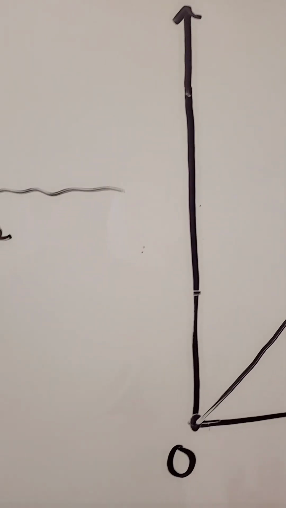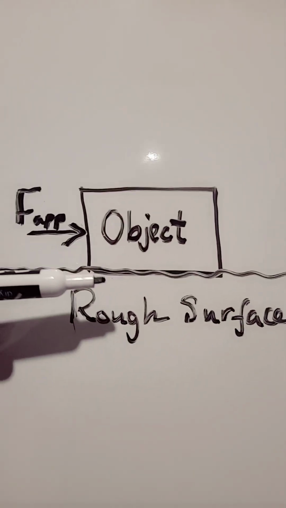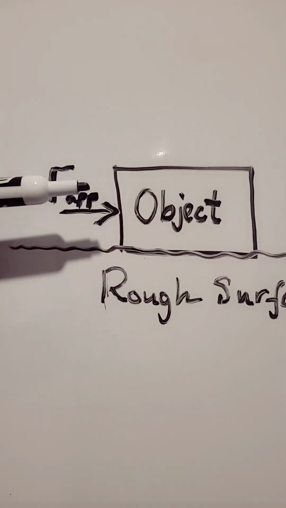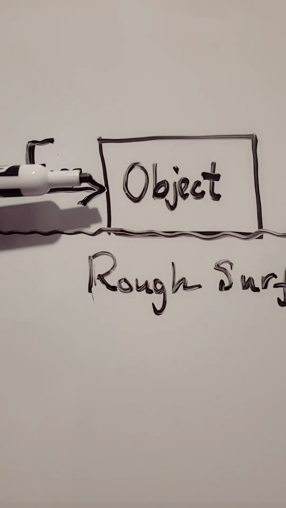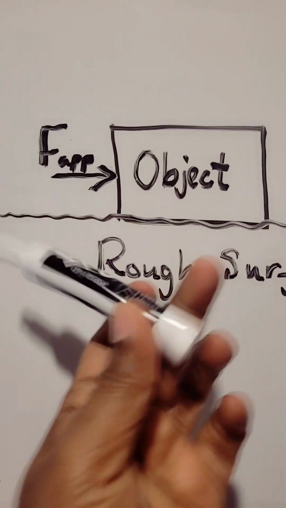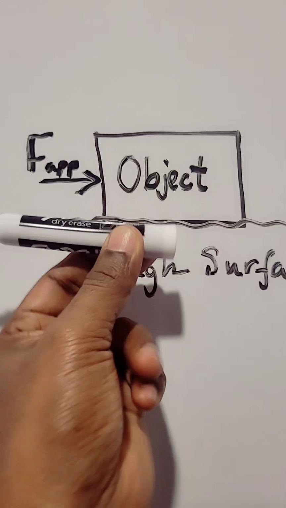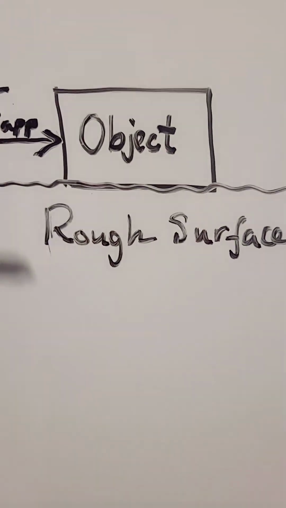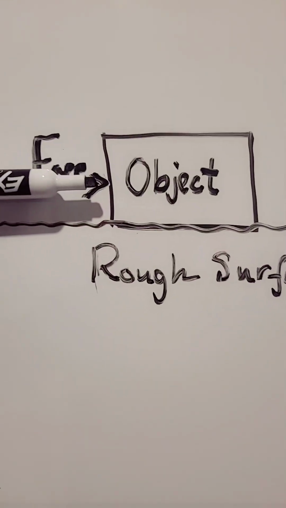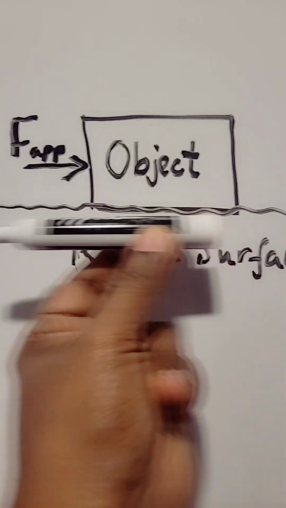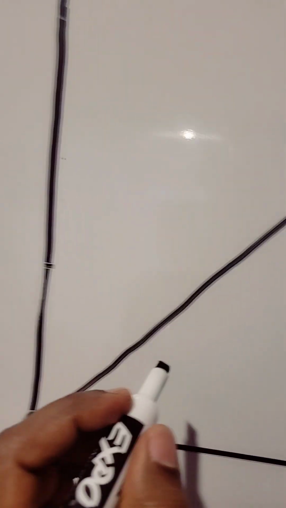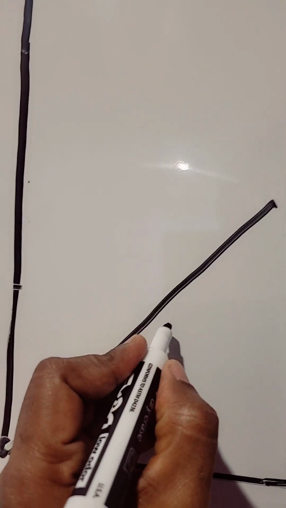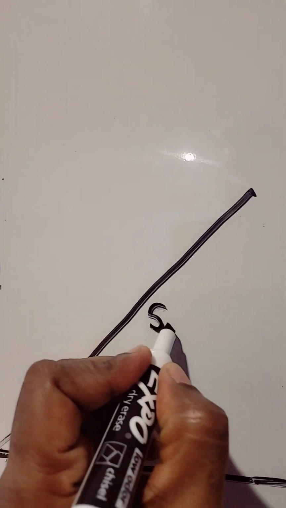That means the friction force adjusts itself relative to the applied force. If you have an applied force, let's say 5 newtons, then the static friction will be 5 newtons and the system is not moving. This increases to 6 newtons, then the static friction force will adjust itself to 6 newtons. So usually we call this region the self-adjusting region.